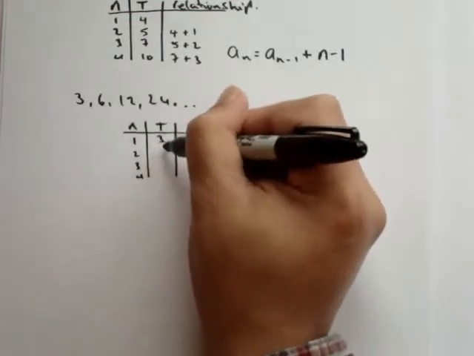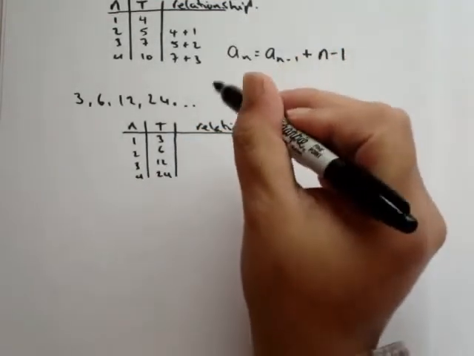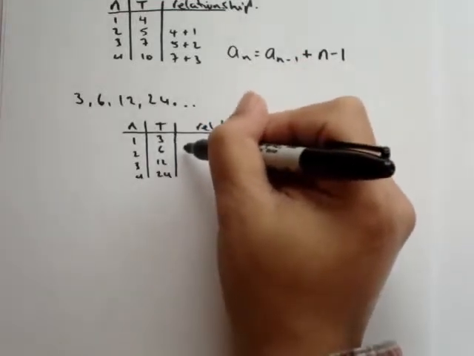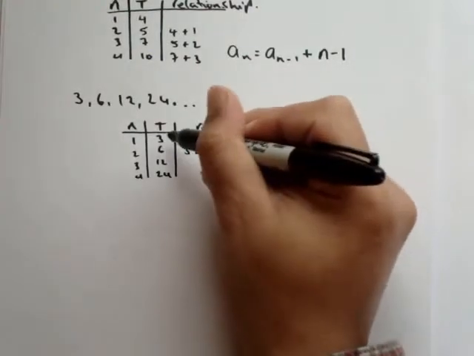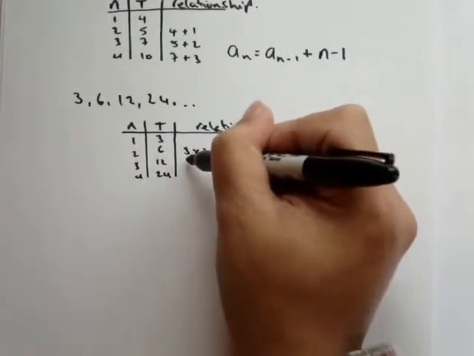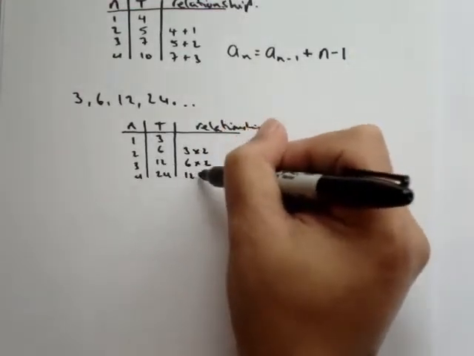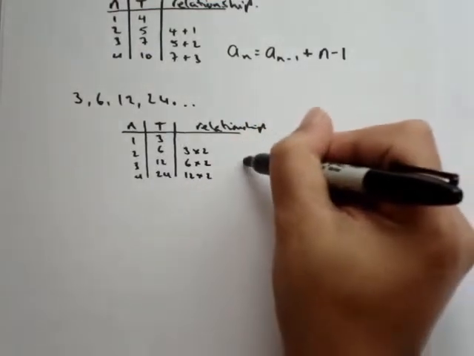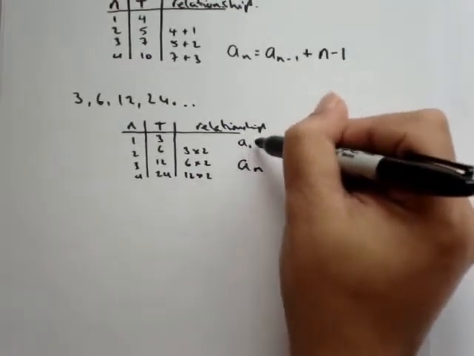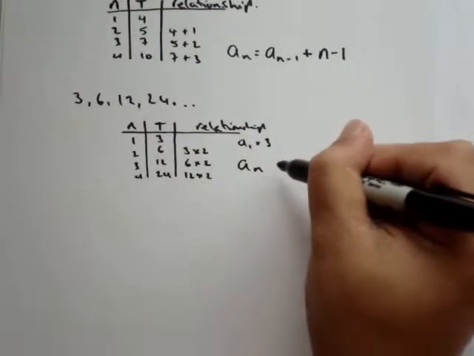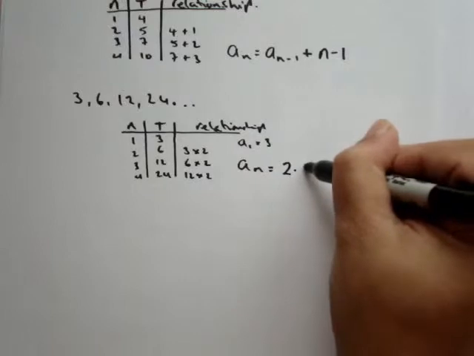Terms go 3, 6, 12, 24. And our relationship is 3 times 2 is 6, 6 multiplied by 2 is 12, 12 multiplied by 2. So our recursive formula is a n, where a1 is 3, a n equals twice the previous term.